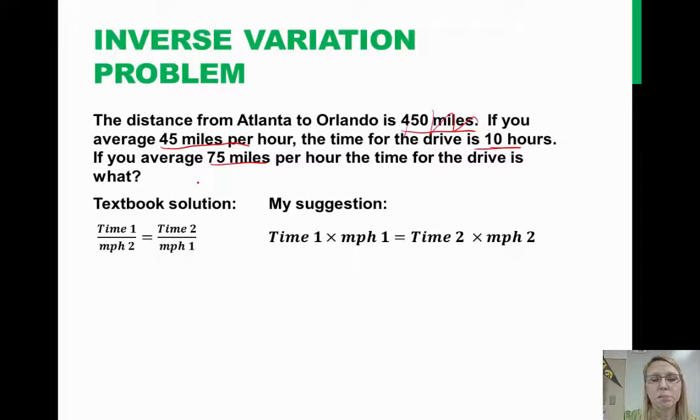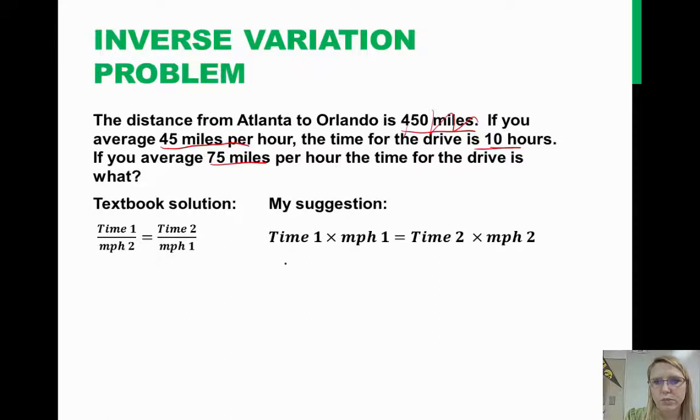Now, the textbook suggests an interesting way to set this up, where you're multiplying time 1 times miles per hour 1. This to me is confusing. You can do it that way if you wish. However, just remember with inverse variation you're multiplying, direct variation you're dividing. So let's do this.